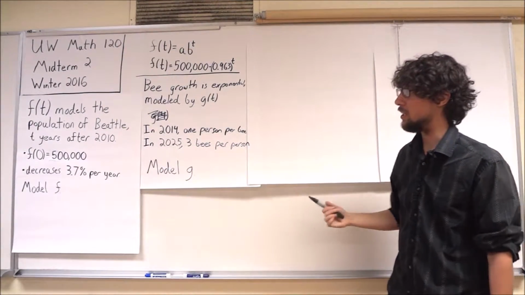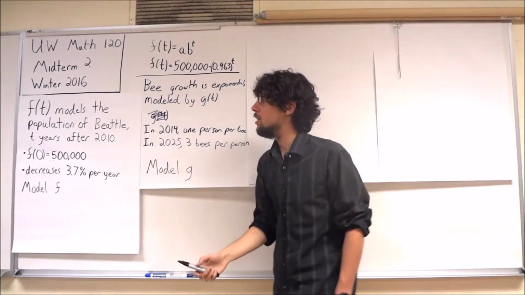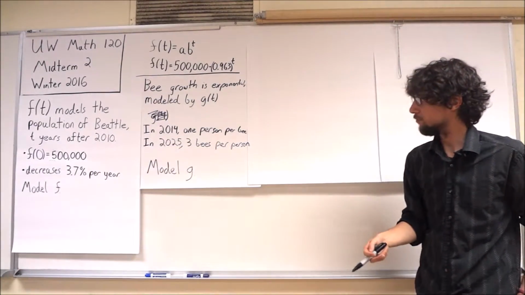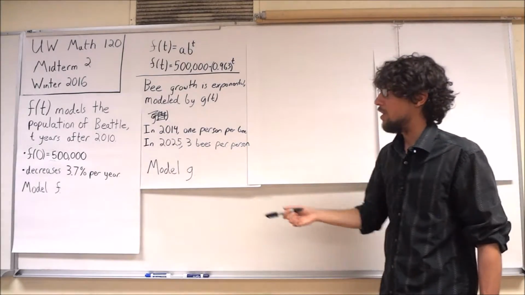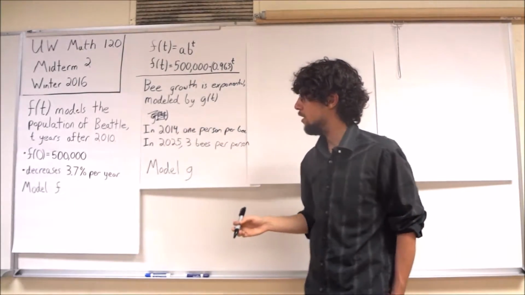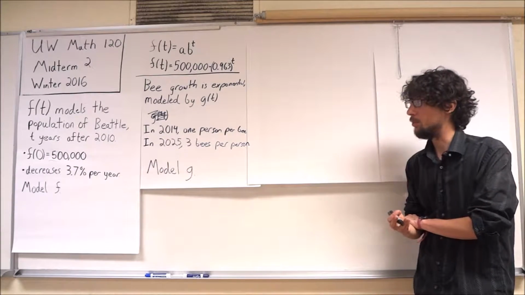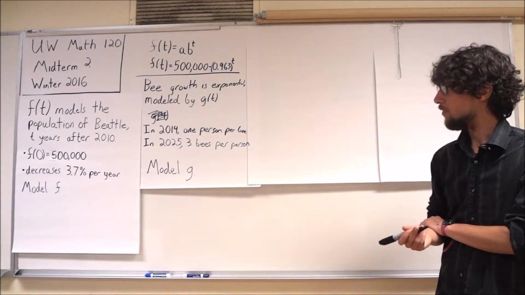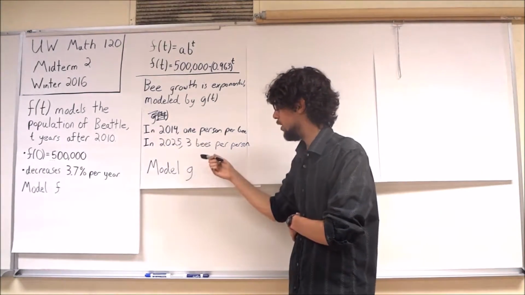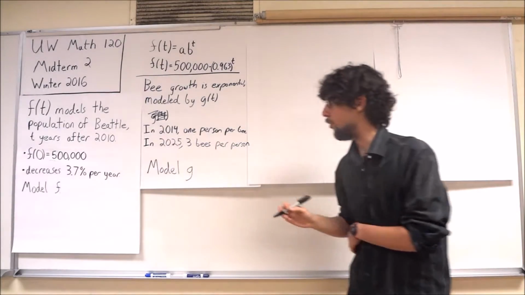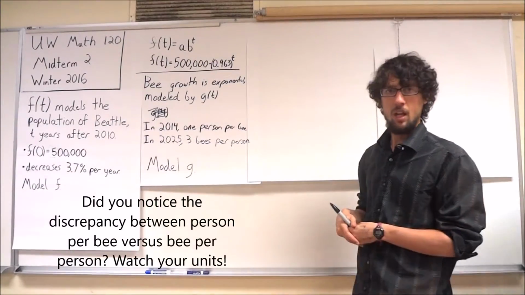Again, here t is years after 2010, just as it was before. And we know that in 2014, there are the same number of bees as people in this town. And in 2025, there will be 3 bees for every person in town.